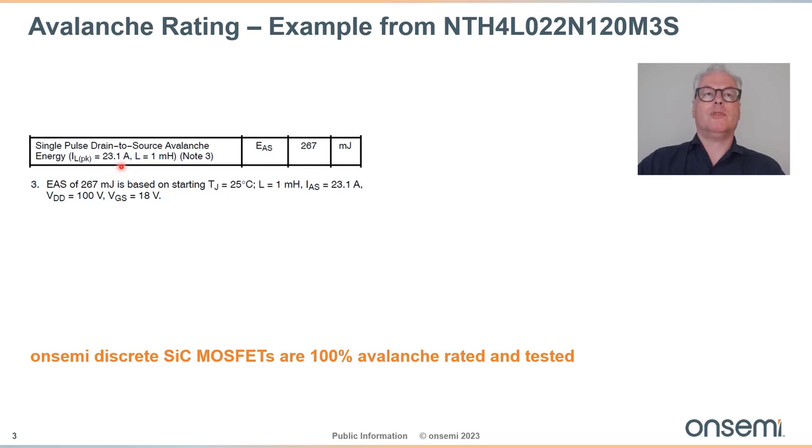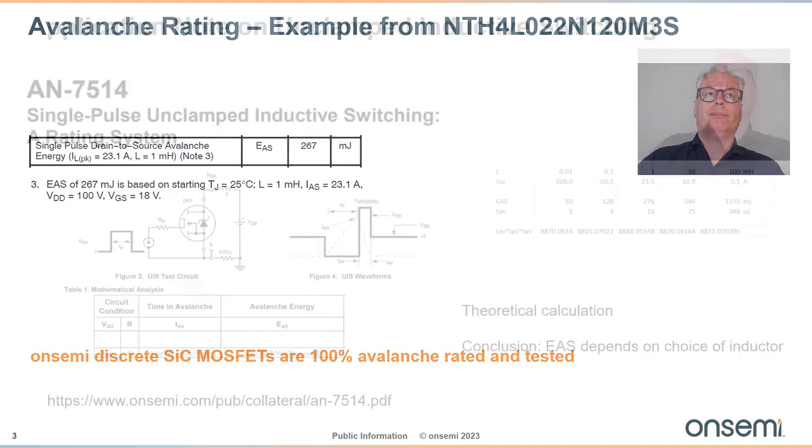Clearly the current which causes failure is much higher than that. We have to put a safety margin in our datasheets. So is this EAS of 267 millijoules always the same, or does it change? Let's have a look further.